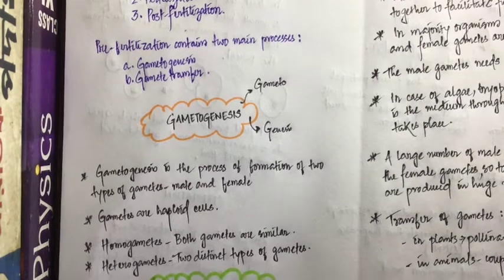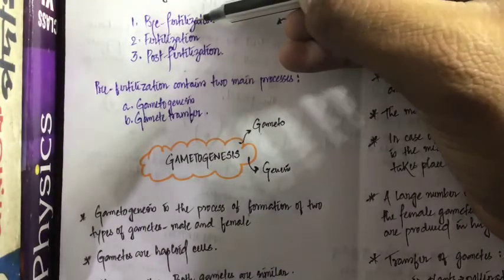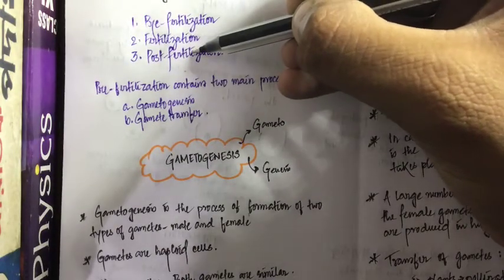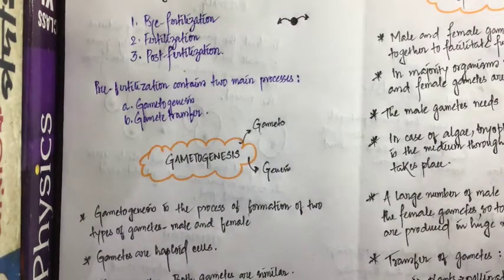Clear? Now keep one thing in mind. After this chapter, we are going to study sexual reproduction in plants, then sexual reproduction in animals. In each of these two chapters, we have to go through the pre-fertilization event, fertilization and post-fertilization event. Obviously, gametogenesis and gamete transfer come under that portion. So what is my point?